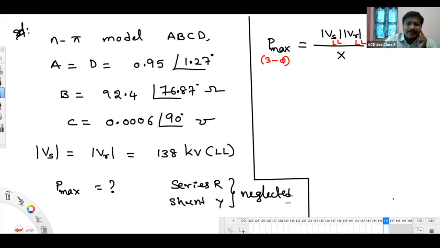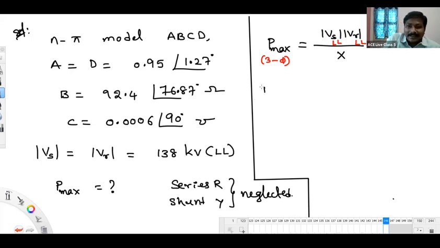That is nothing but series impedance Z. By giving the nominal pi network ABCD parameters, his interest is to tell you parameter Z, the series impedance of the transmission line itself, is a number 92.4 at angle 76.87 degree. From that, you take the real part and imaginary part. That imaginary part will be the series reactance of the line to be taken up in the calculation.